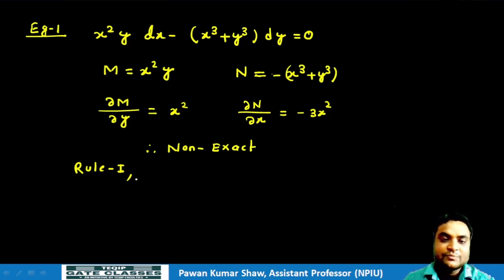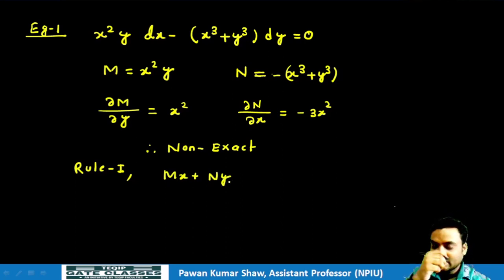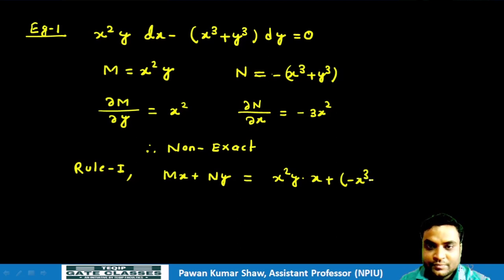So in that case, before finding the integrating factor, we will check the quantity mx plus ny. And if it is not equal to 0, then the integrating factor will be 1 by mx plus ny. So what is our m? M is our x square y into x plus n is our minus x cube and minus y cube into y.